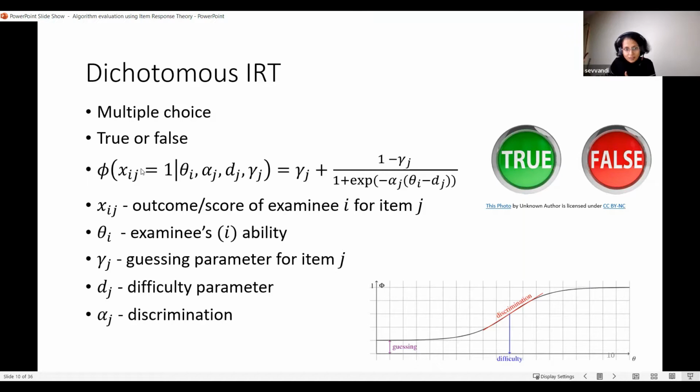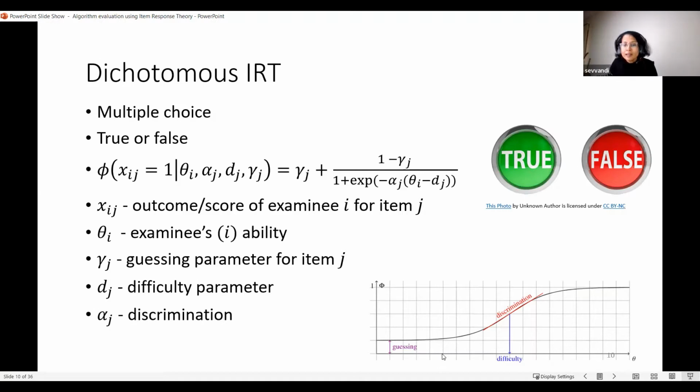So if you get 1, and the curve of getting 1 or 0 is given by this curve, you have theta, which is the ability of the examinee, gamma is the guessing parameter, d is the difficulty parameter, and alpha is the discrimination for a given question j. i is the examinee. So here, theta is the x-axis.